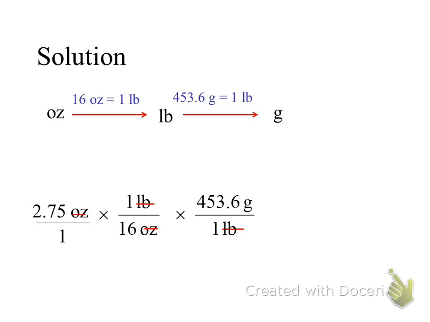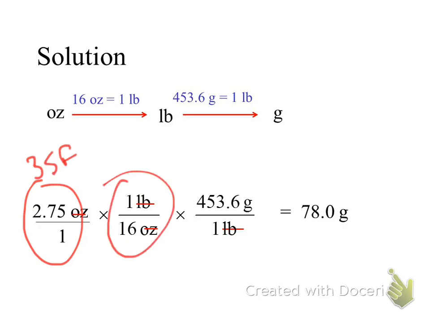So we're going to round the number here, but let's count sig figs. How many sig figs in the first term? 3. And do we need to count sig figs here?